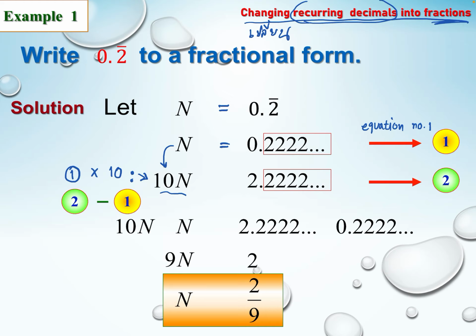0.2 repeat 2 multiplied by 10, you will get 2.2222. And now you can notice that this group and this group, they are the same, right? So we take equation number 2. Let this one stand for equation number 2.